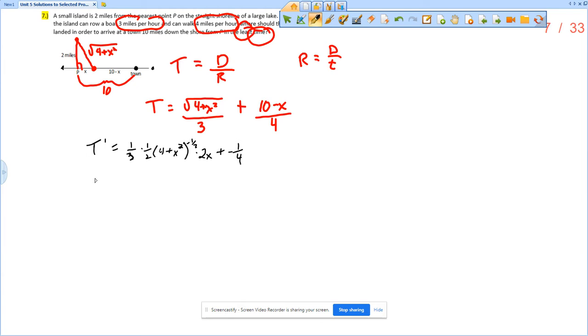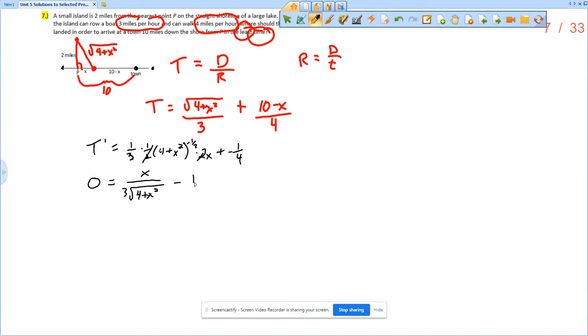All right, so now we want to set this equal to 0, but let's simplify in the process. I've got a 1/2 and a 2, and then I've got x divided by 3 times the square root of 4 plus x squared, and then the minus 1/4.